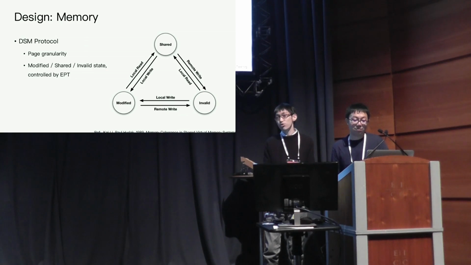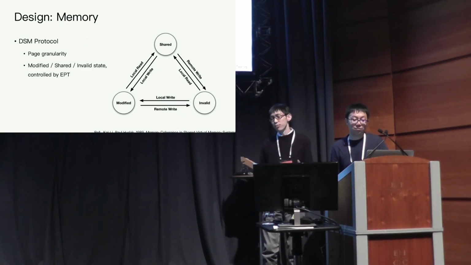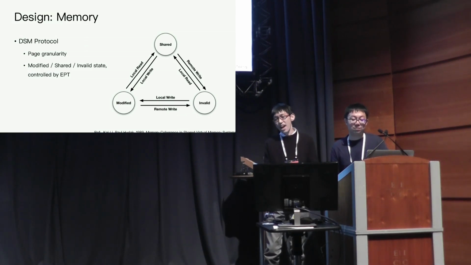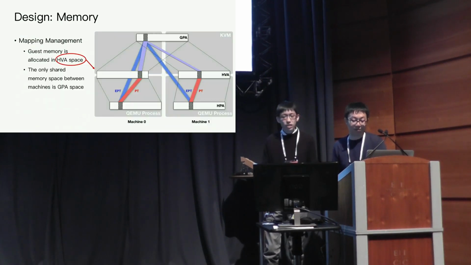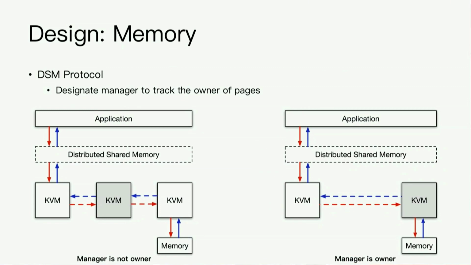If the guest tries to read an invalid page, then it will first retrieve the copy and then add the requesting machine to the copy set of the owner of this page. Well, I mentioned the owner and copy set.